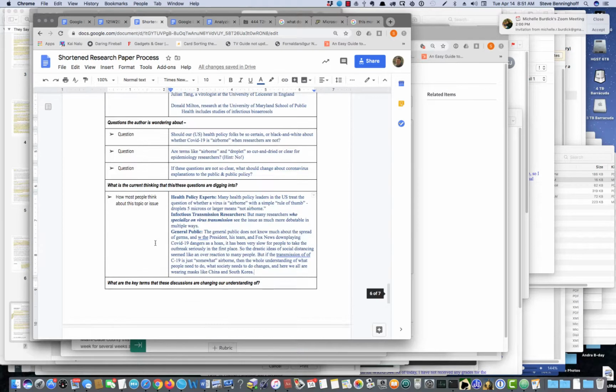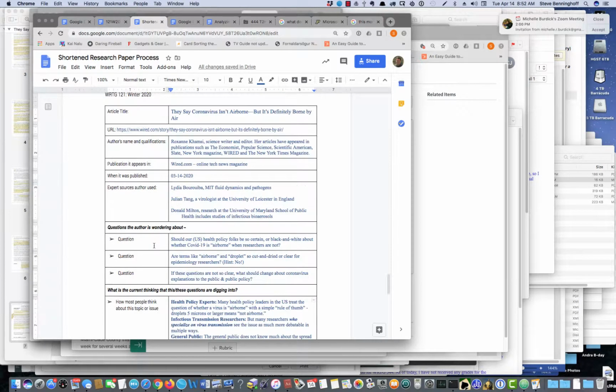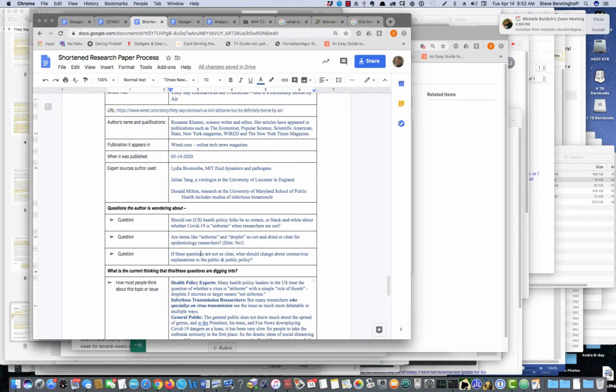So this is how you fill in these forms, right? So that you can then go back to the assignment. Once you fill in 5 of these, then putting together the body of your paper will be discussing each of these different articles and talking about, in this case, Roxanne Khamsi, science writer at Wired and other magazines, who discusses, and so you can lead into talking about what she says.